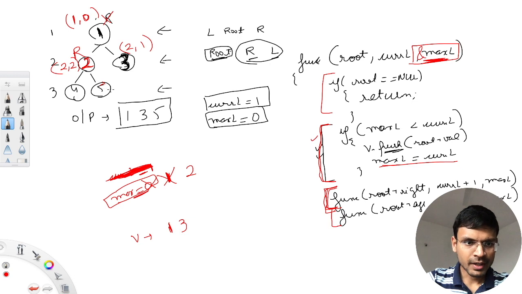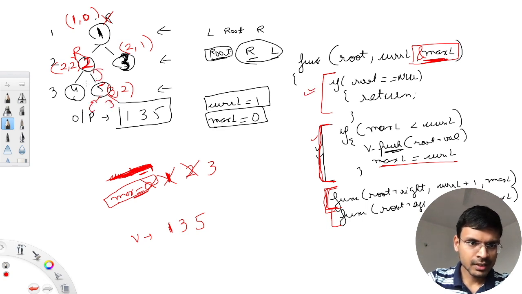When we go to 5, the current level is incremented by 1 and the max level would remain the same, 2. So when we are doing the processing for the element at 5, this if condition is not valid, this if condition holds true, because the maximum level currently is 2, current level is 3. So we push back 5 into the vector and max level would be updated to 3. Now 5 doesn't have any left or right child, so this if condition would hold true, it will return.